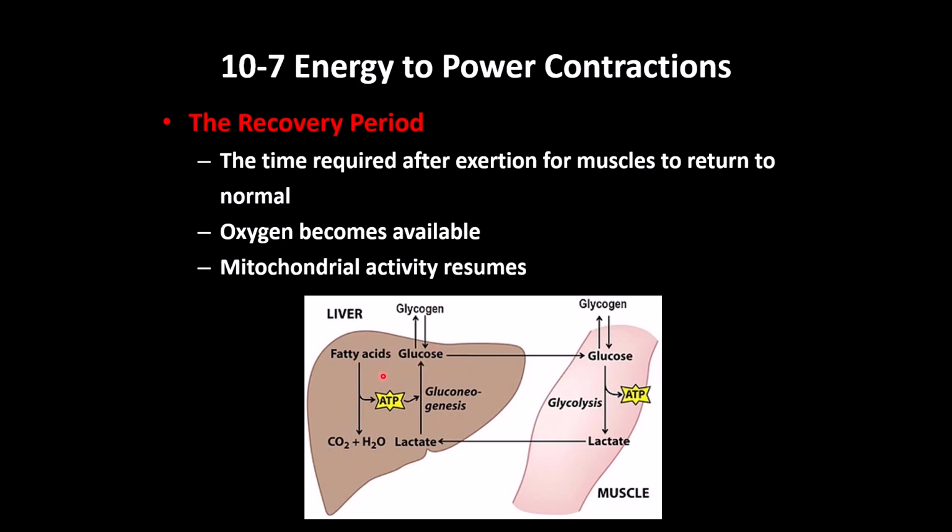Then the glucose can be stored in the liver, or it can go to the muscle and be stored as glycogen. So glycogen storage happens in the liver or in the muscle, or if the body needs glucose, it can be broken down, for example, it goes to the brain.